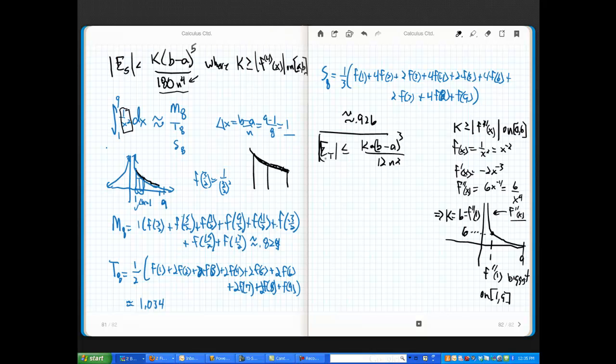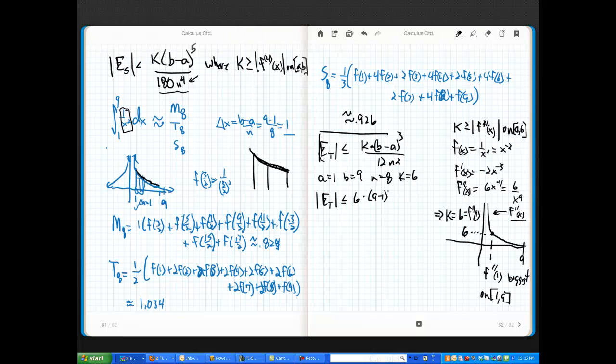I know that the error bound for the trapezoidal approximation when n equals 8, we should probably label some stuff, right? I know that a equals 1, b equals 9, n equals 8, and k equals 6. And then I just plug and chug. Absolute E sub T is going to be less than or equal to 6 times, now what do we got?